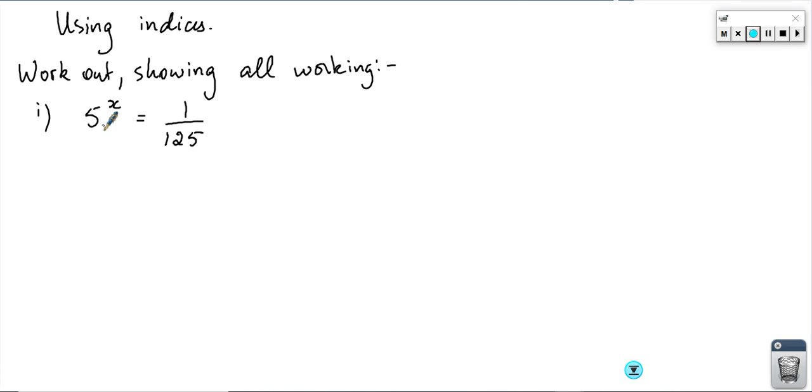And I know that 5 cubed is 125. So that's 1 over 5 to the power of 3. But 1 over something is a reciprocal that came from a negative power. So that's 5 to the power of minus 3. So I can say that x is equal to minus 3. That is the first example.